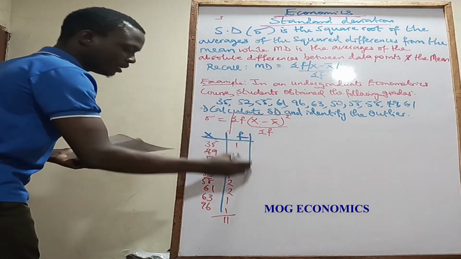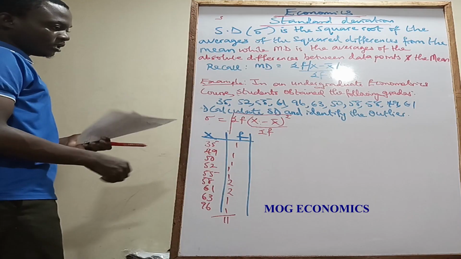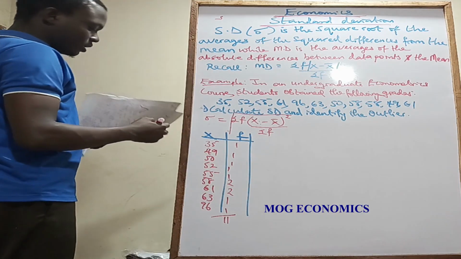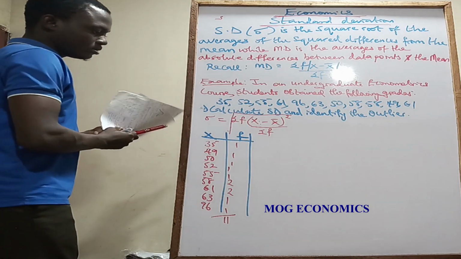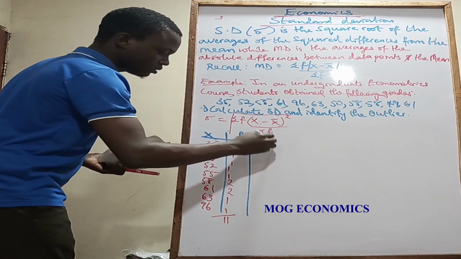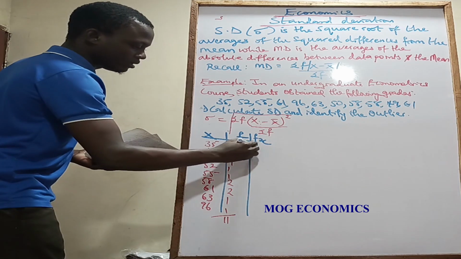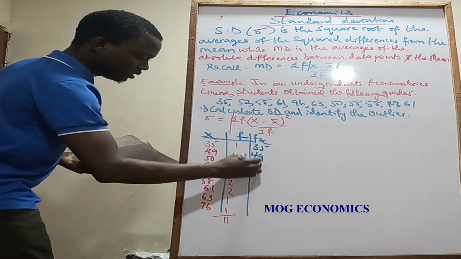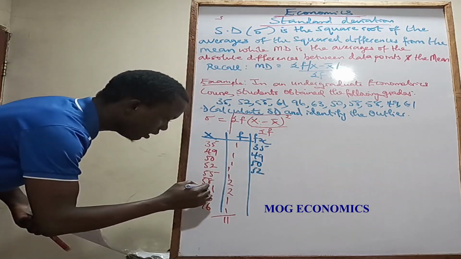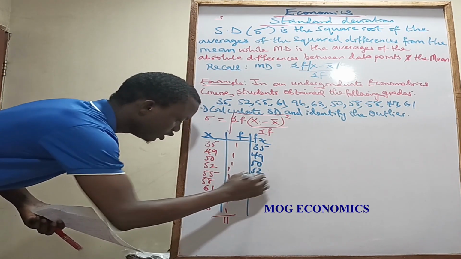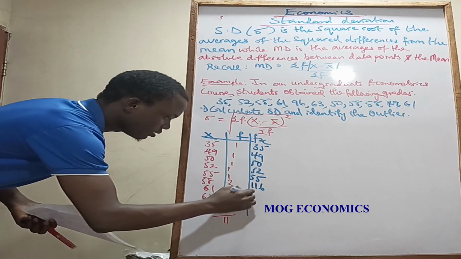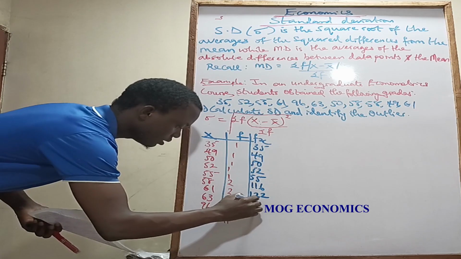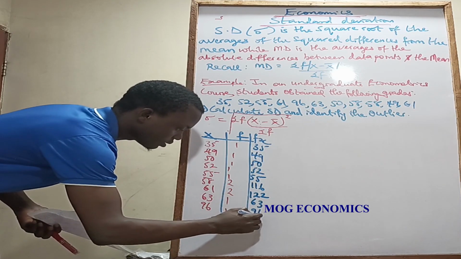Alright, so what else do I need? I need my mean. How are we going to get the mean? We need to find our fx. So 35 times 1 is 35, 49 times 1 is 49, 50, 52, 55. It should be 116 for the 58s, then 122 for the 61s, then 63, 96.